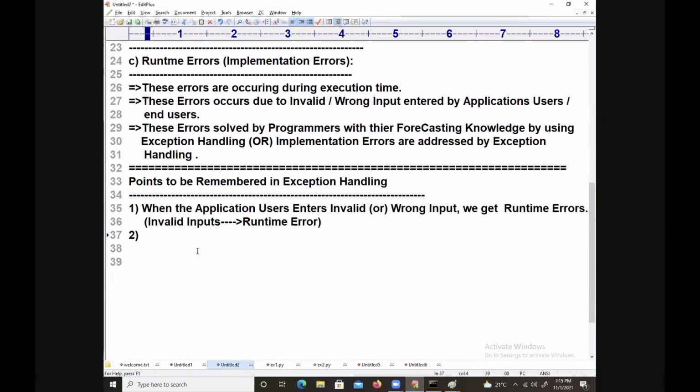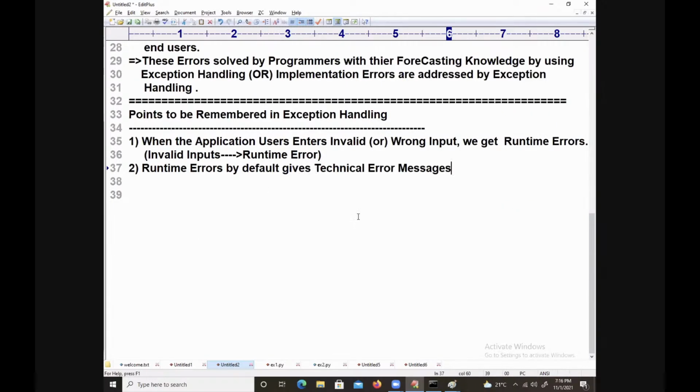Runtime errors by default give technical error messages.